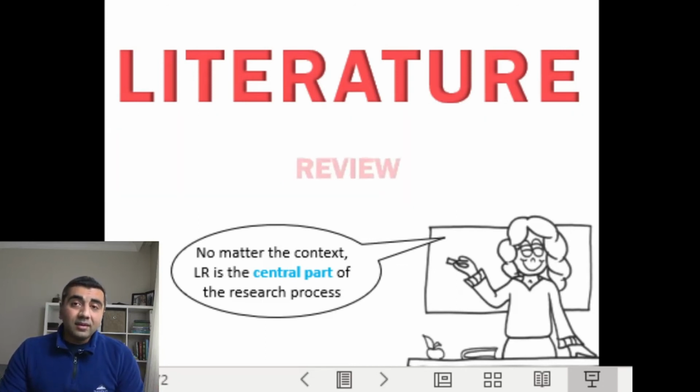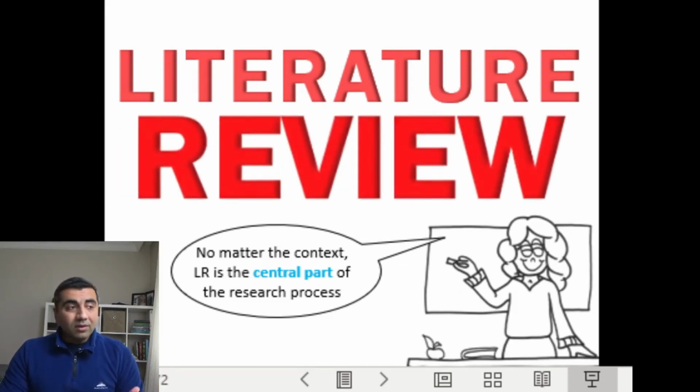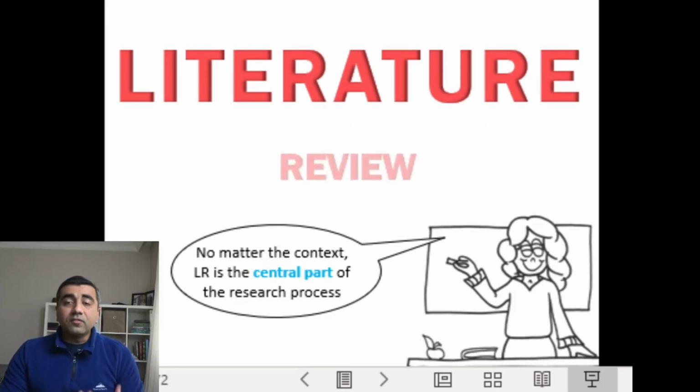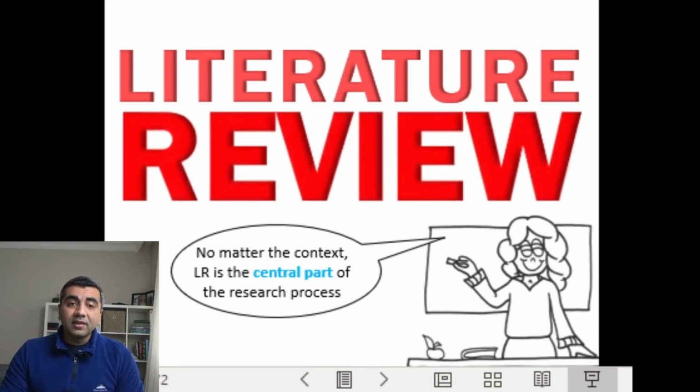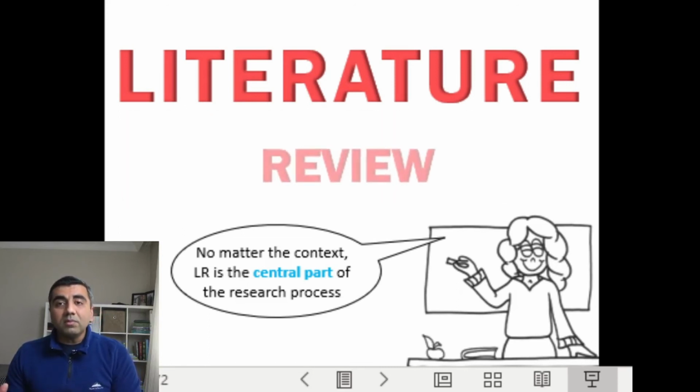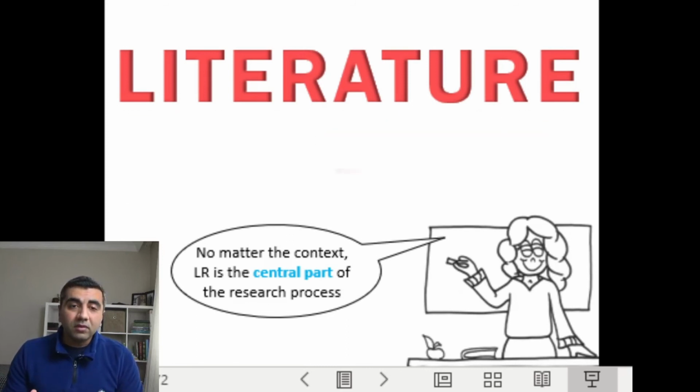The second question is: what is involved in writing a literature review? The first thing we need to keep in mind is research. To discover what has been written about the topic is the main key purpose.